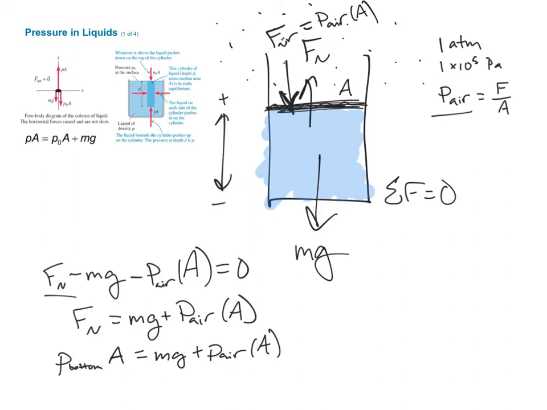And I'm going to have to go to the next slide to do that. So our result from the last slide was that pressure at the bottom times the area equaled, let's see, what was it? mg plus the pressure of air times the area at the top. Now, if we're looking for straight up pressure at the bottom, we could divide this by A to get that pressure.